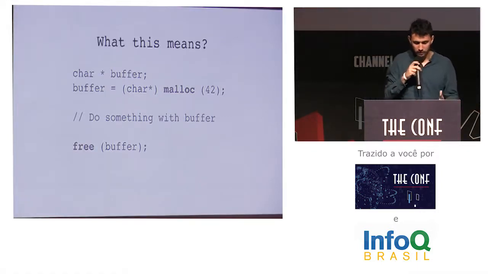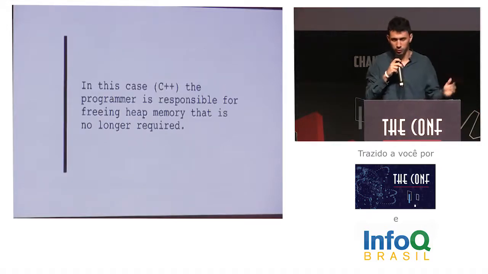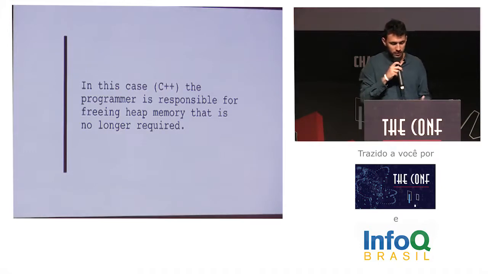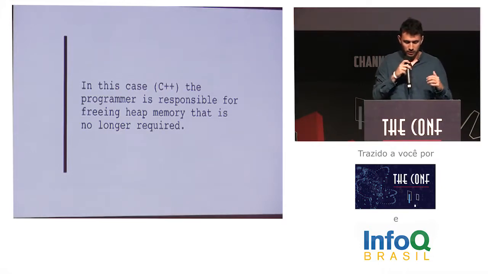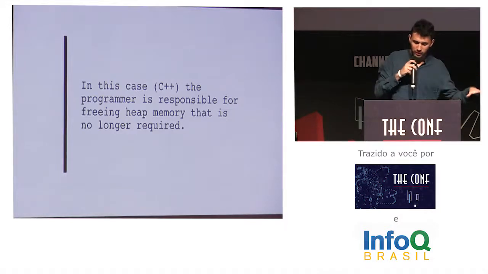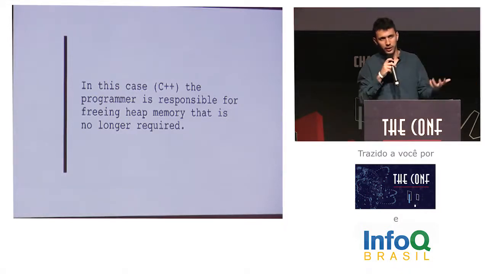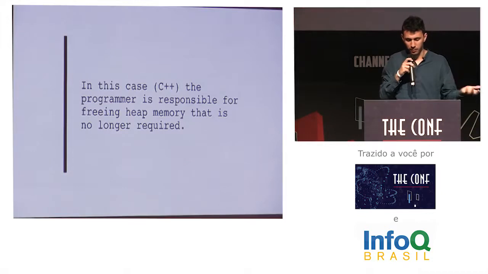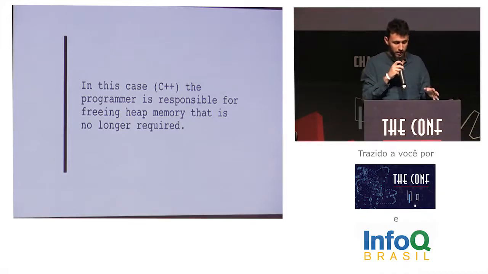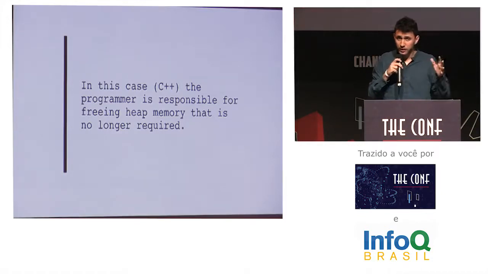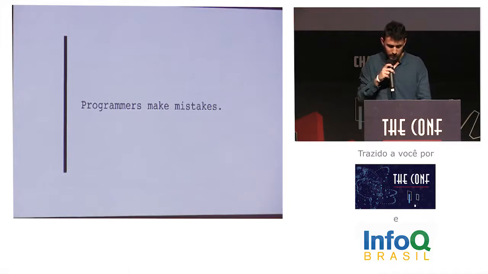But what does this mean, what are you trying to say by showing this code? In this case, in C++ programs, the programmer is responsible for freeing heap memory that's no longer required. But only in the C++ language.